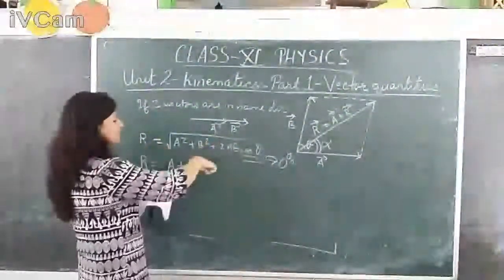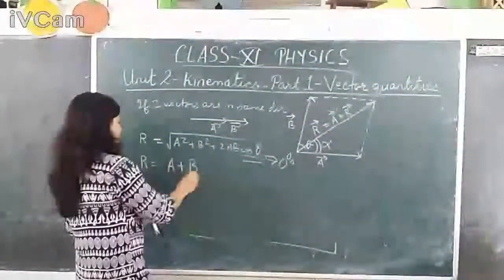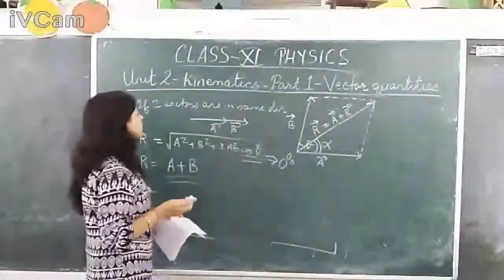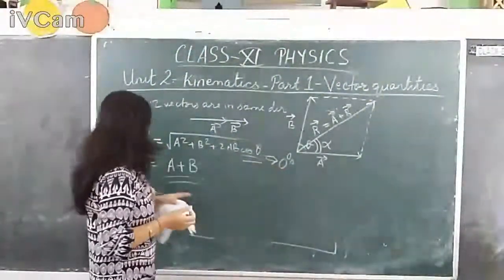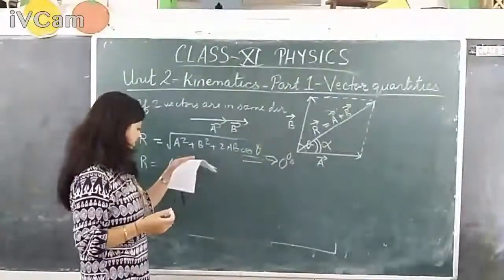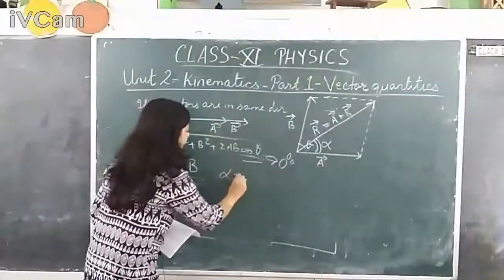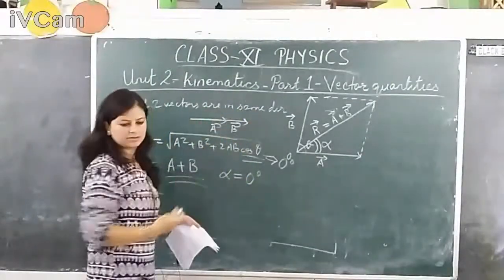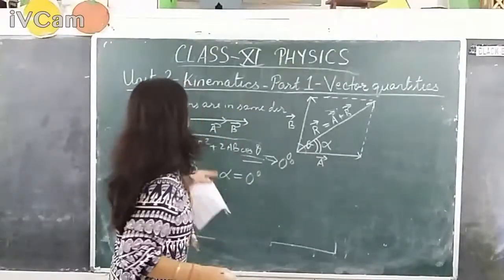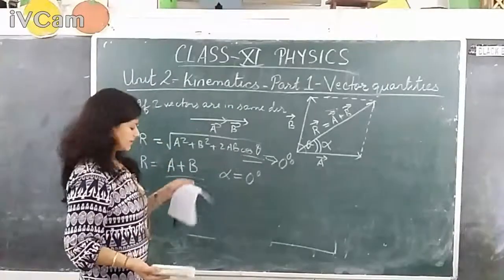So this is (A + B) whole square, the root of which will be just A + B. So if you have two vectors in the same direction, θ will be equal to 0 degrees, and the resultant's magnitude will just be equal to A + B, and α will be equal to 0 degrees, because the resultant will also be in the same direction. Okay, there will be no angle between this vector and the resultant vector.